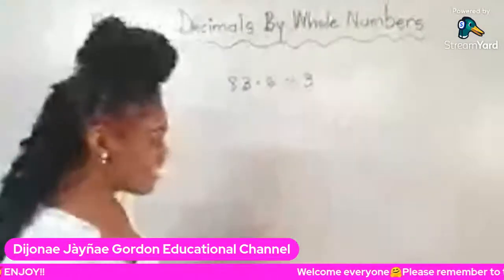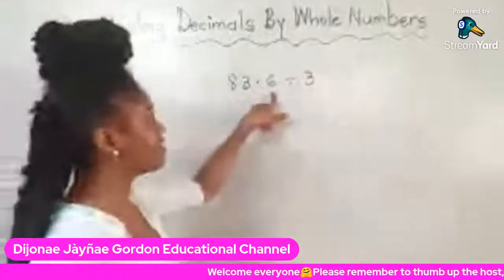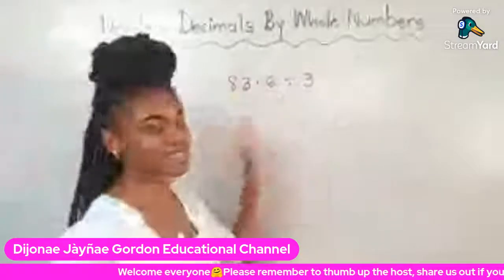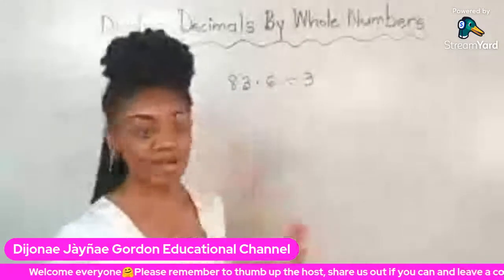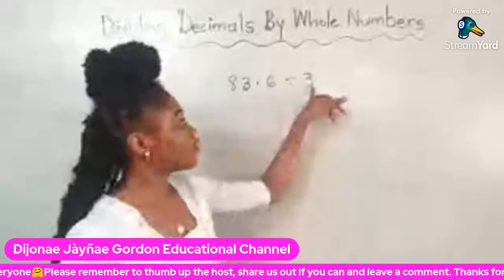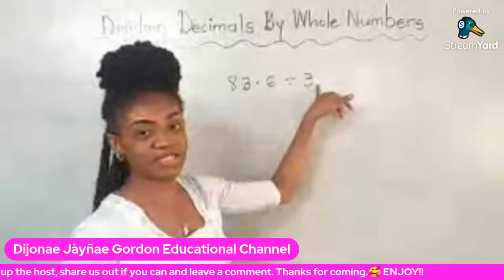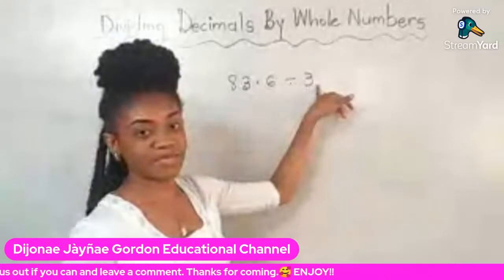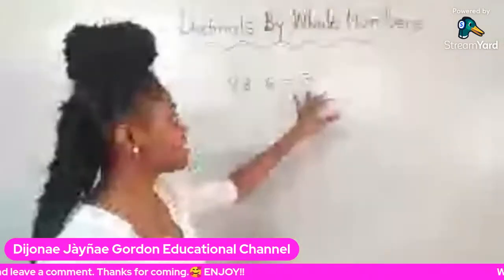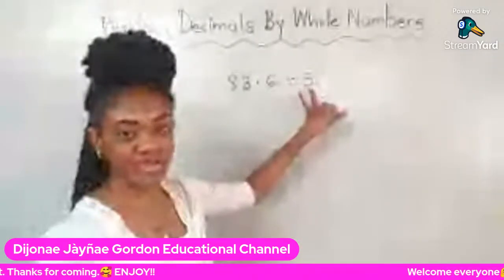Of course, 83.6 is a decimal number, and we are going to divide it by our whole number, and the whole number that we're going to be using is numeral 3.